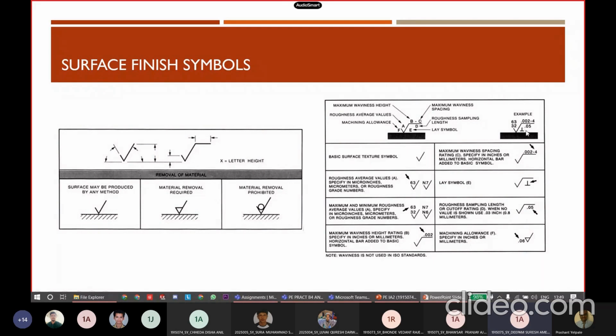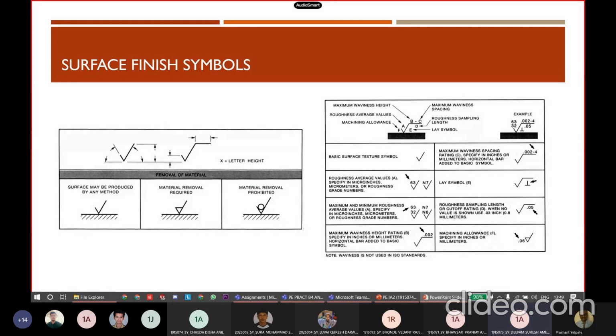The symbol under this horizontal line tells us the direction of lay. As explained in the previous slide, lays are directional lines on the surface. So the direction is symbolized here under this horizontal line. In a given drawing, there can be different symbols used on different surfaces of a given part.